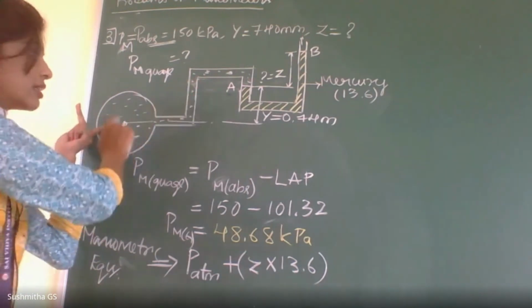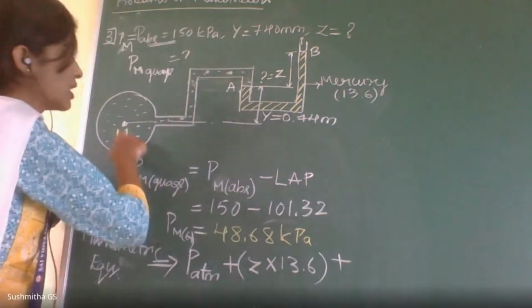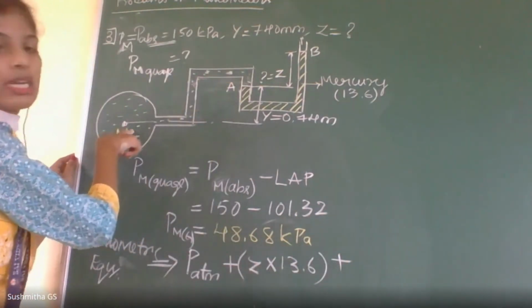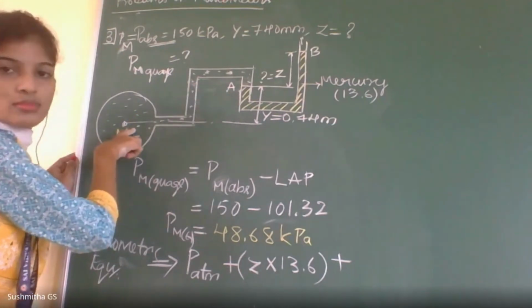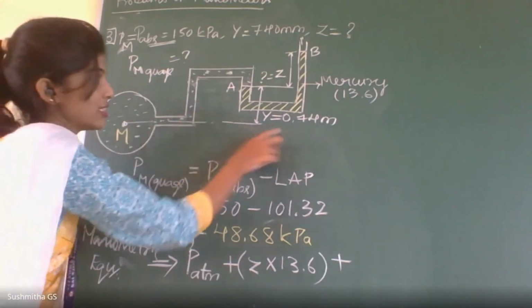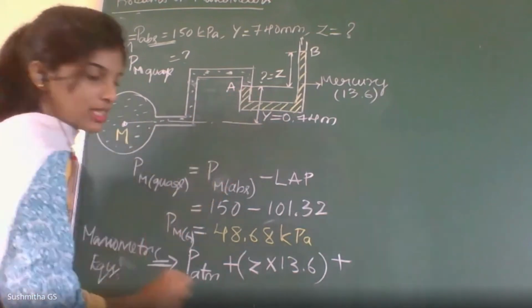It is again below, so you have to add the height from A to M. The height from A to M is Y, from the center of the pipe.